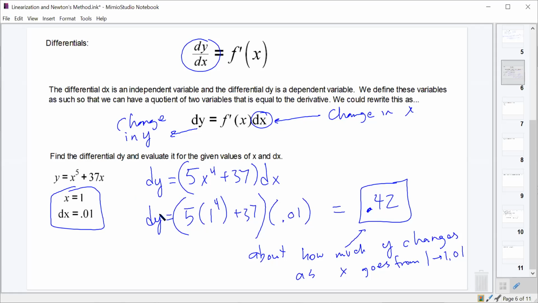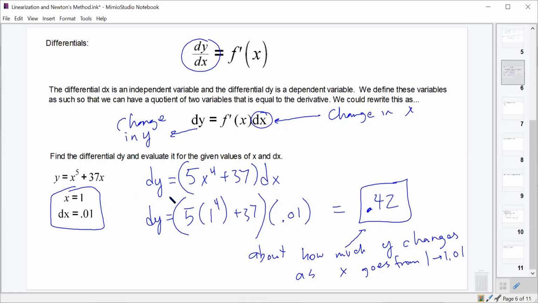And then you'll just have a value over here and you'll solve for the dx value. But yeah, you'll be given either a dx or a dy in all of these. Okay. Or it'll say something like, hey, about how much does y change if x goes from 2 to 2.02? Well, then you should be able to figure out what that change in x is just by subtracting them, right?